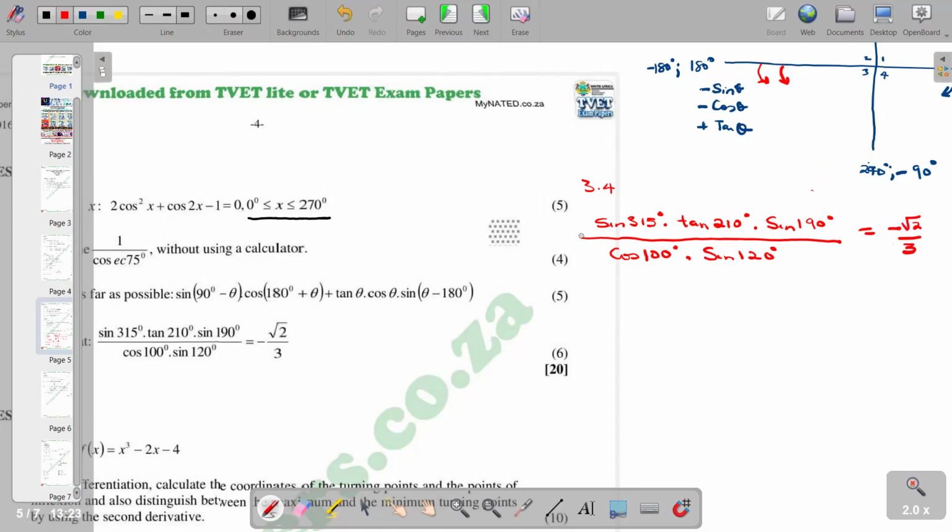So for us to prove this type of thing, it's better we take the complex part, which is the left-hand side here. So we are going to take our left-hand side.